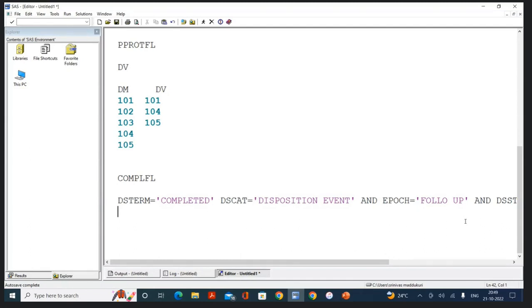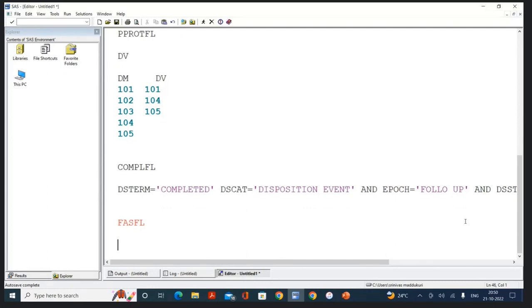And then finally, we are going to have FASFL, full analysis set flag. Which subject are you going to consider for full analysis set? Now, this full analysis set differs from one study to another. In one of my diabetic studies, for every day, I'm giving, for example, a 100 mg dose.